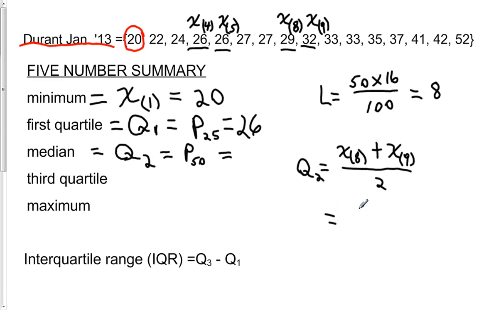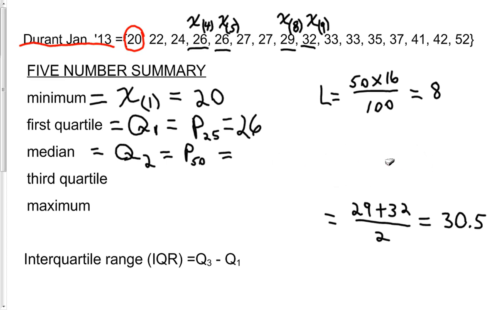In our case, we have 29 plus 32 divided by 2, and it turns out that the third number in our five number summary, the median, is 30.5. That's the number we're going to use for our median when we construct our box and whisker plot. So the second quartile, or the median, is 30.5.